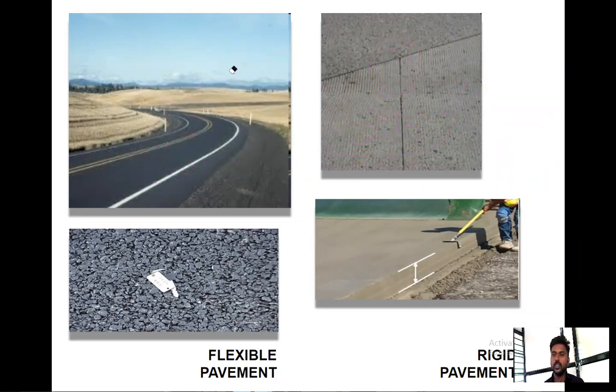You have studied strength of materials. Suppose this end is constrained, that is fixed, and I have placed one rod here. Suppose I heat this rod, or I increase the temperature.